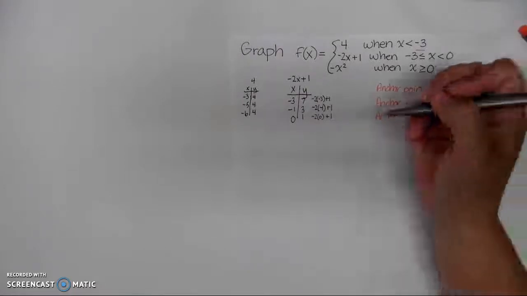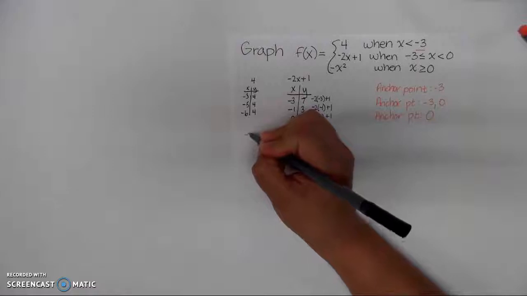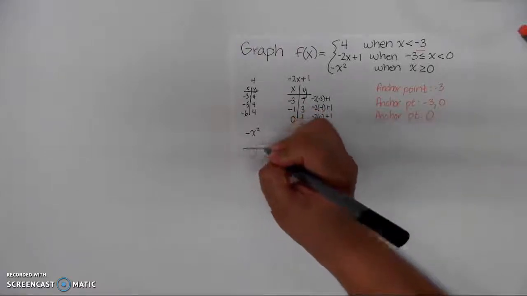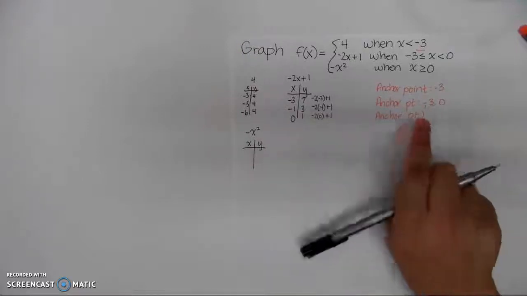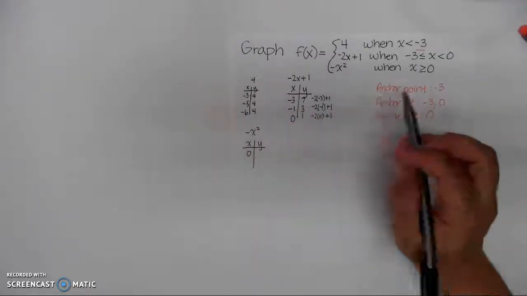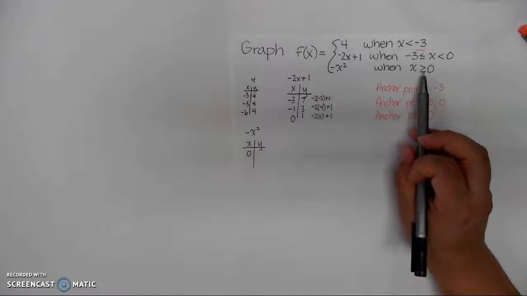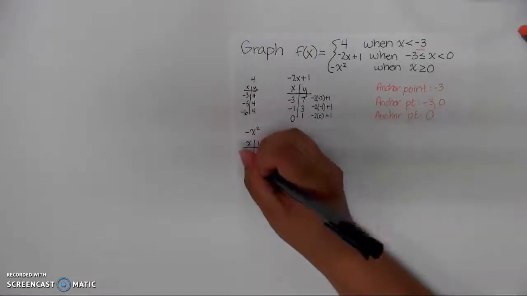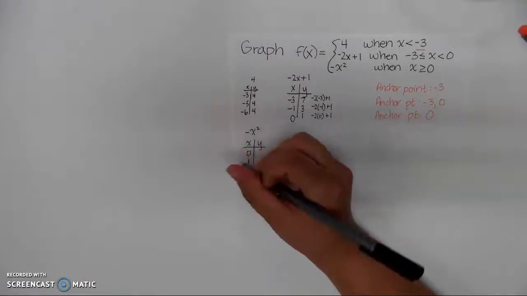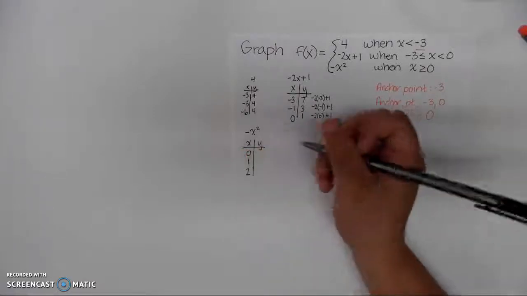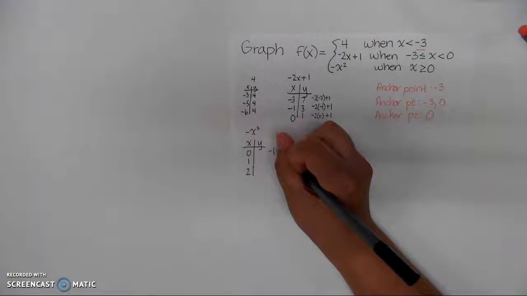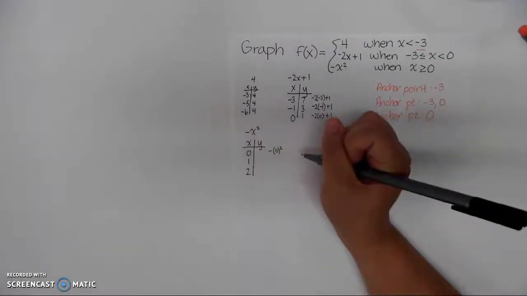And our last part of the function is -x squared. And my anchor point there, if you remember, was 0. So I'm plugging in 0, and then I'm picking numbers that are greater than 0. So 0, 1, and 2. So I'm going to plug those in. So negative times 0 squared. 0 squared is 0.